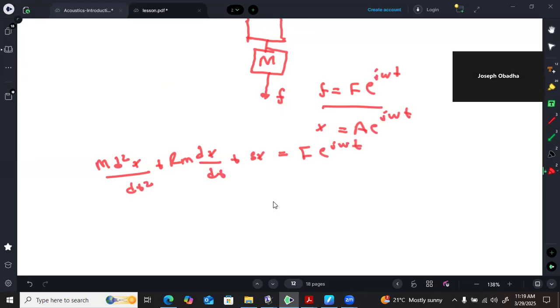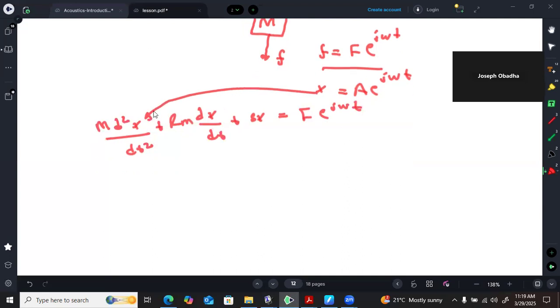And we can bring x here the same way we have done in our previous lessons. If we differentiate twice, I will have m, then minus A ω² e^(jωt).